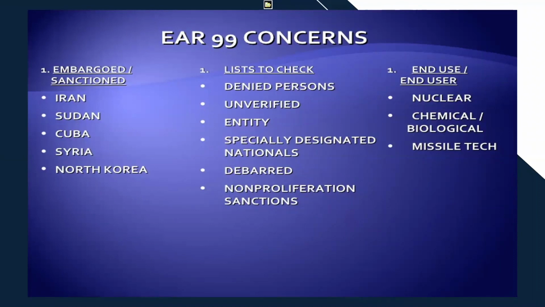So just because you've made the determination that there's no license required to export the particular item does not mean that the due diligence ends there. You need to determine whether the end use of the item or the end user are okay, and that they're not on one of these denied persons lists or debarred.